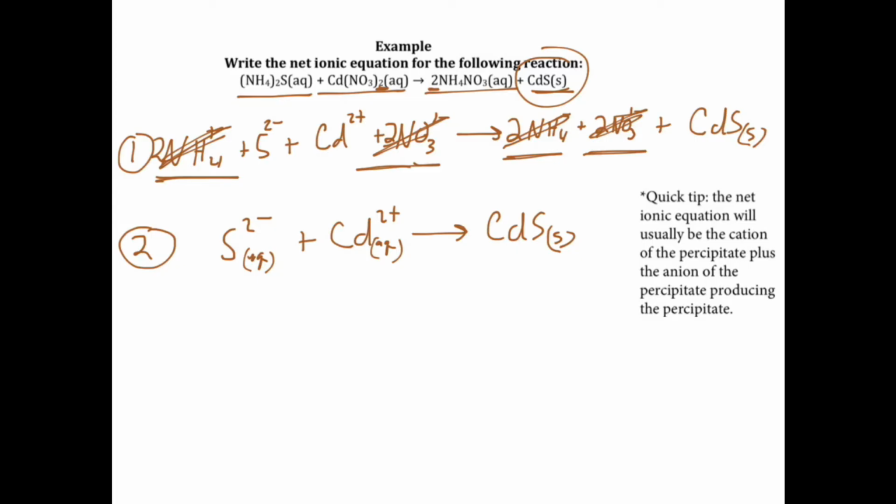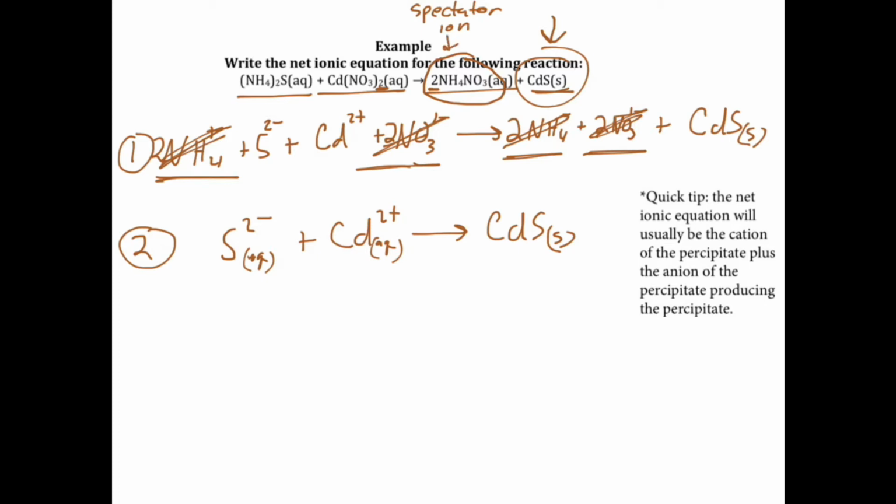And so notice how the solid in the product side, whatever is the solid product, contains those ions which are part of the net ionic equation. The aqueous product contains the spectator ions.